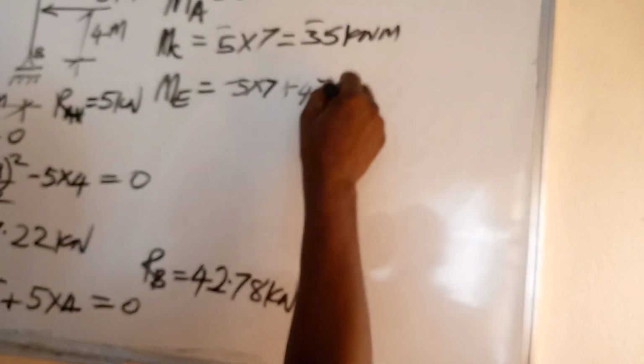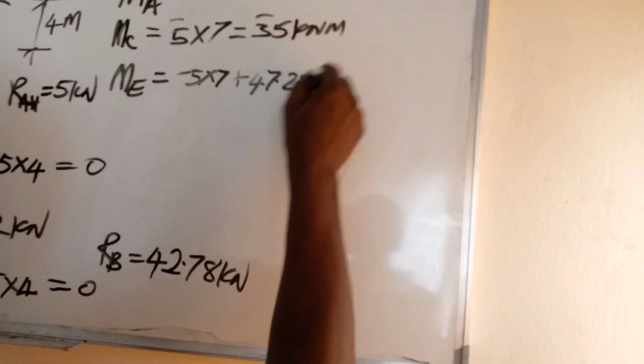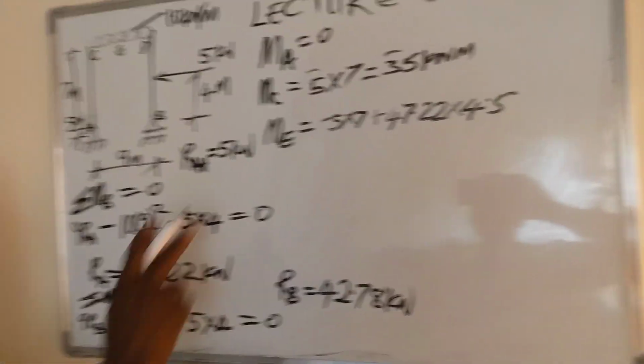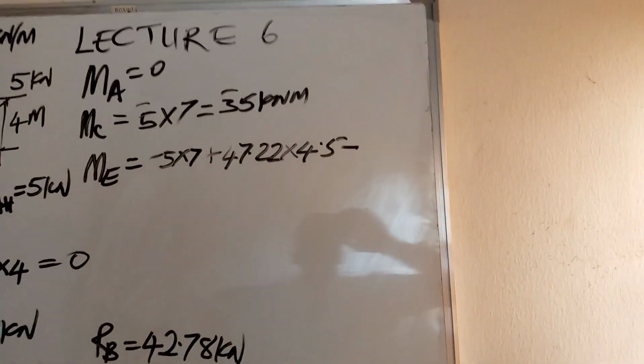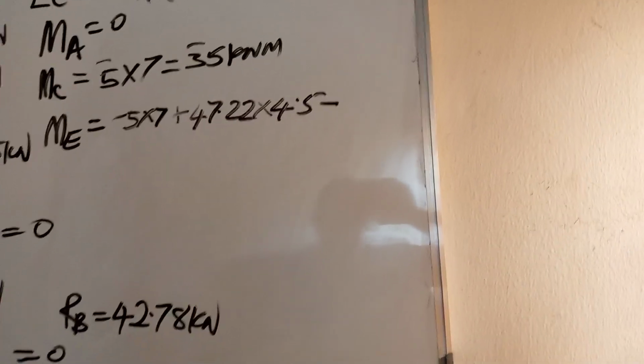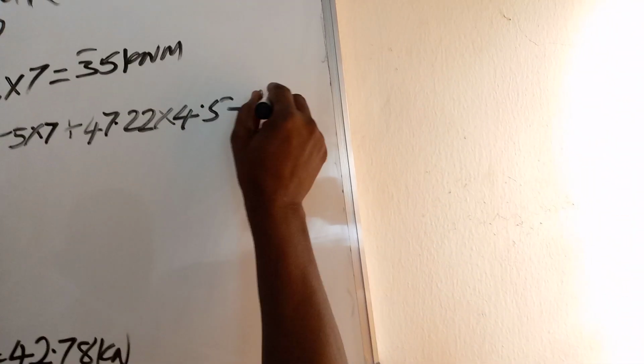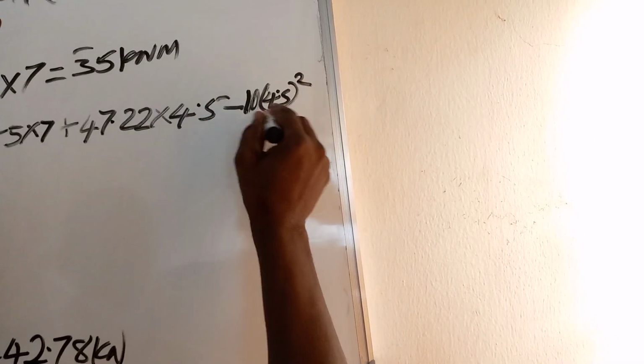Then the vertical reaction is against 5, so plus the vertical reaction RA, 47.22, times 4.5, the distance at point E. Then the load goes in the same direction as the moment we're looking for, so minus 10 bracket 4.5 squared over 2.